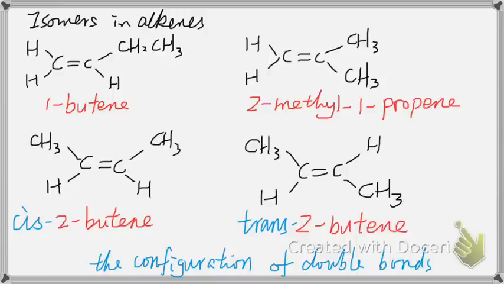So cis and trans double bonds will be classified as diastereomers. Okay. Well, the relationship between 2-butene and 1-butene will be constitutional isomers. Same for 1-butene versus 2-methyl-1-propene, constitutional isomers.